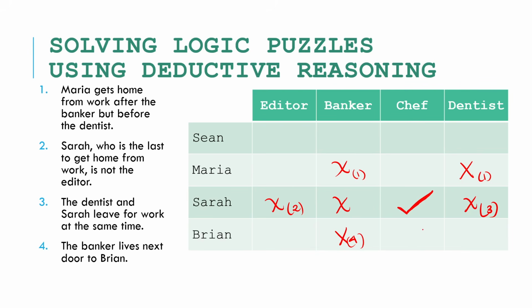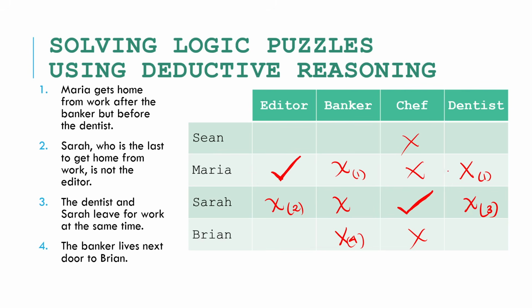Sarah is the chef. Now, if Sarah is the chef, then Sean, Maria, and Brian cannot be the chef anymore. Now, look at Maria. There's only one possible occupation for Maria left, and that is being the editor. So, Maria is definitely the editor because no other occupation can be, right?